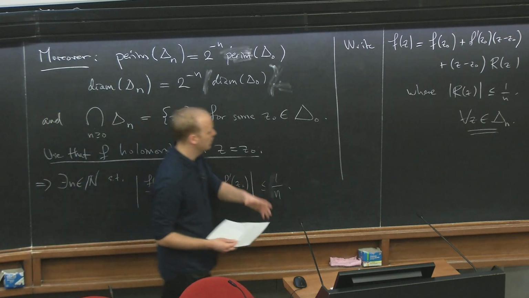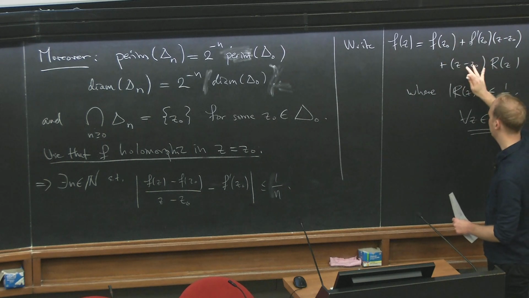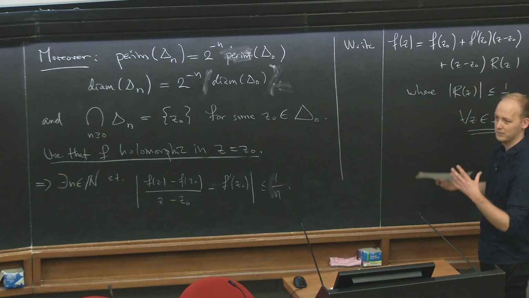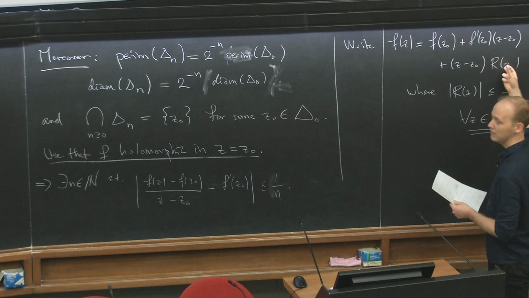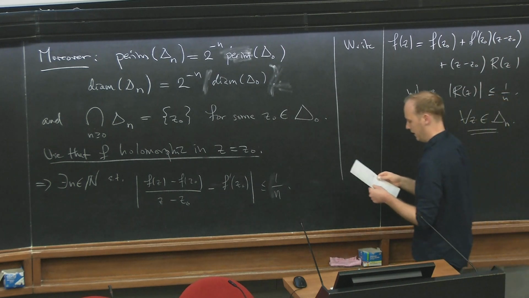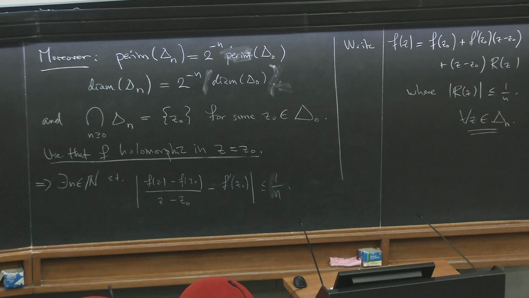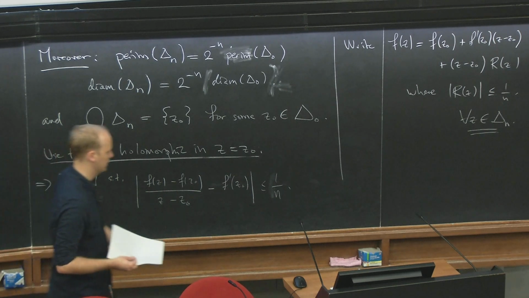And if this one is small, then this first order approximation of this thing is close to being the correct value, meaning this error term here is small. Okay? And this is true for all z in this set. And then, what do we get? Let me maybe continue here.